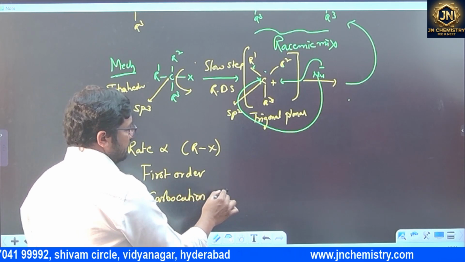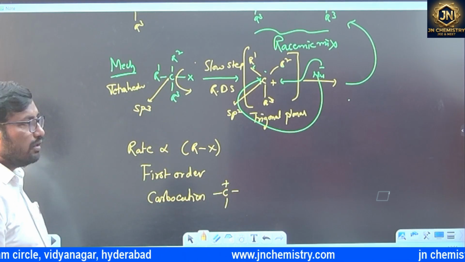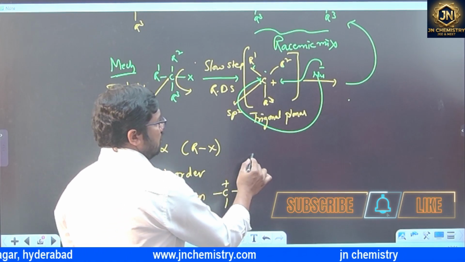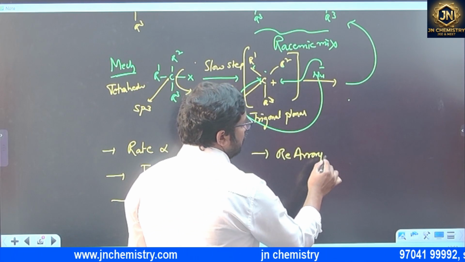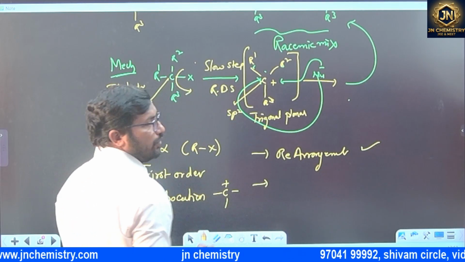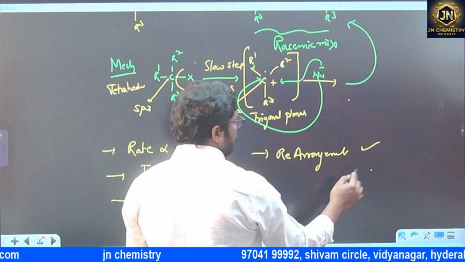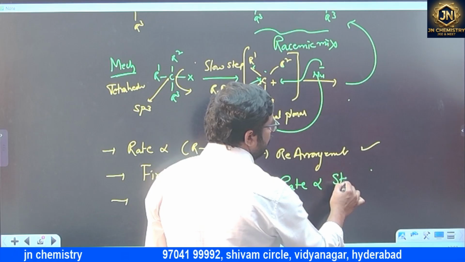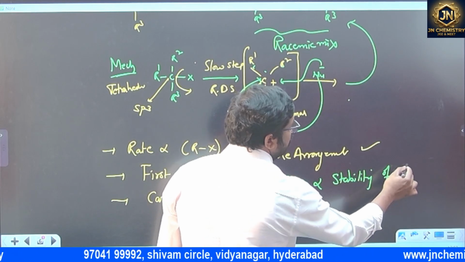Carbocation intermediate. When a carbocation intermediate is there, what exactly happens? Rearrangements are possible. And a more important thing is the rate is directly proportional to the stability of carbocation.